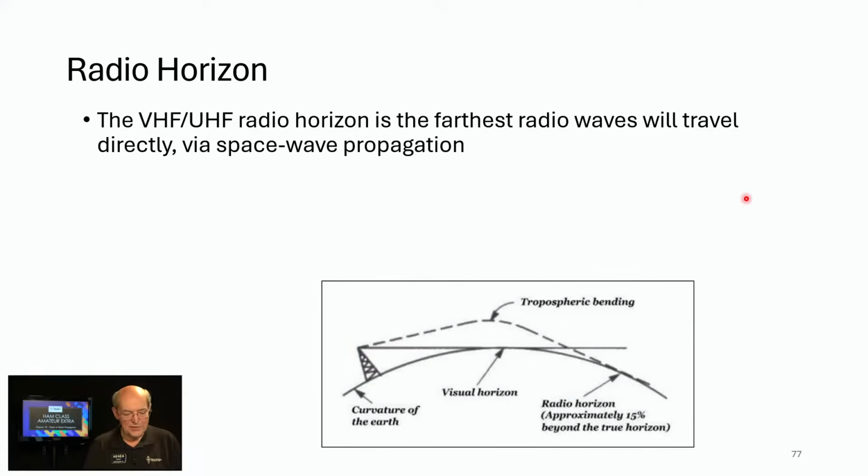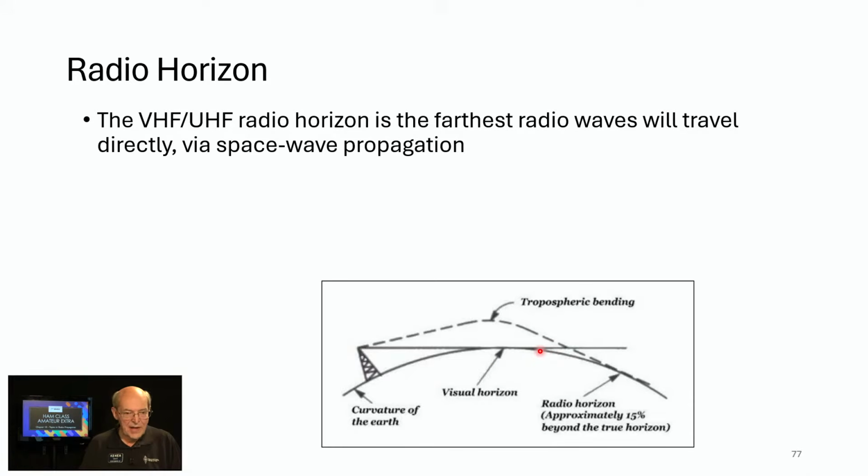The first concept is a radio horizon. This concept just says that it's possible to see a signal a little bit beyond line of sight. So you would think if we're transmitting here, we can get down to the Earth, but we're still line of sight when we get over to here.